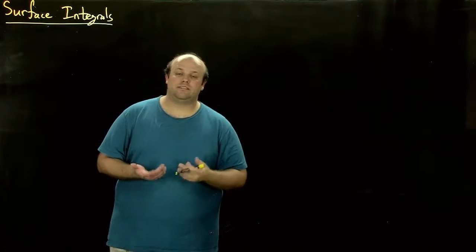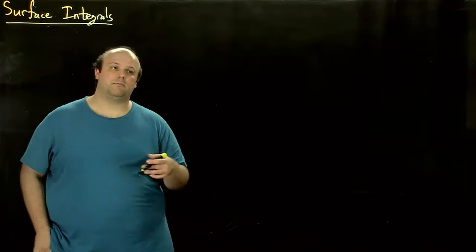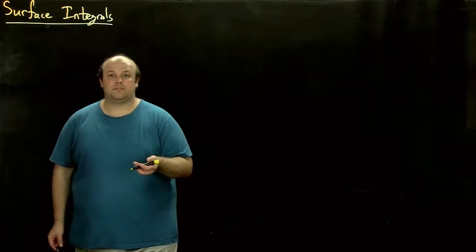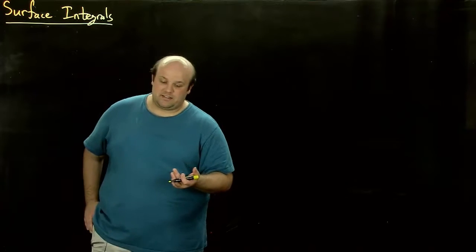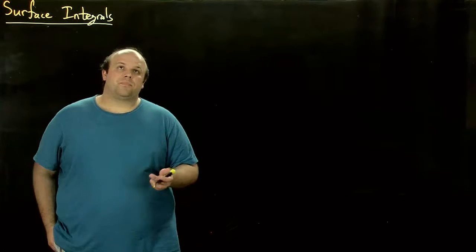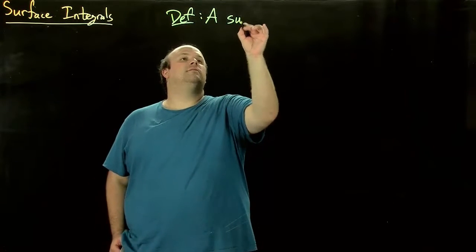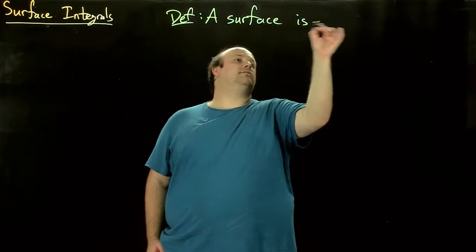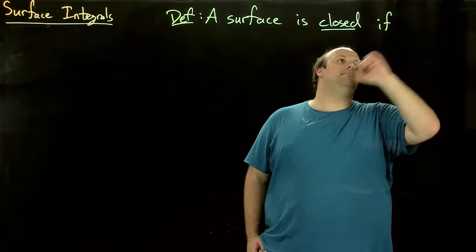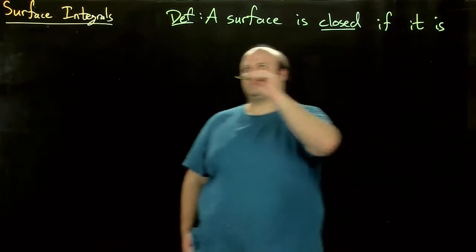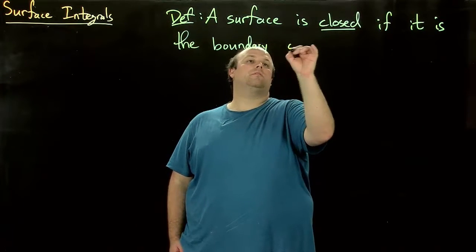Now let's define a new property. We talked about closed curves before when doing the fundamental theorem of line integrals and Green's theorem. These are very important to have. We can ask now, what is a closed surface? Definition: a surface is closed if it is the boundary of a solid.